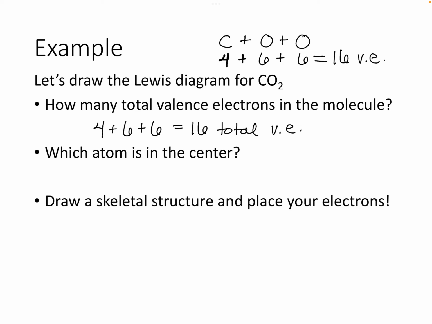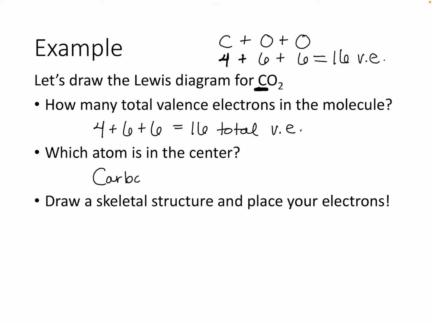Now let's figure out which atom is in the center. So we know that carbon can make 4 bonds, and each oxygen can only make 2 bonds. So carbon is not only by itself in the molecular formula, but it can also make the most bonds.